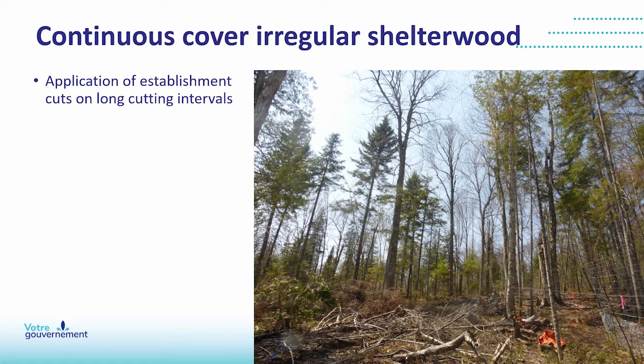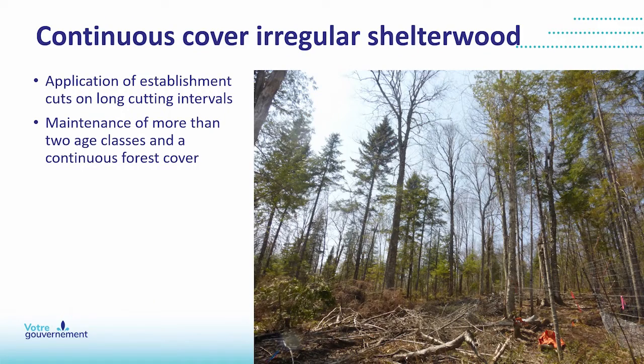With the continuous cover irregular shelterwood, we conduct the different establishment cuts on long cutting intervals, similarly to a selection cutting system, like single-tree selection cutting. But we don't aim to do any tending, and you can harvest single trees or small groups of trees.